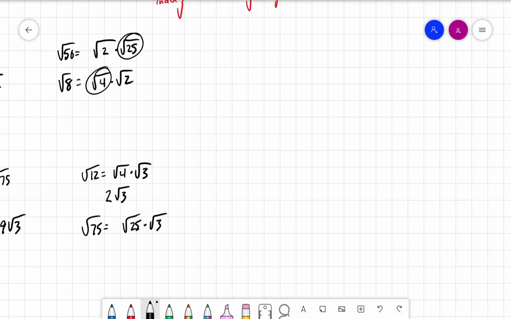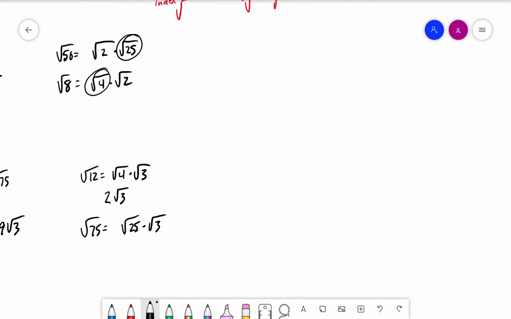Okay. Let's do one more subtraction here. This is a little longer one: the square root of 25 minus the square root of 27 minus 2 times the square root of 18 minus the square root of 16. Well, let's start looking. We know the square root of 25 is 5.